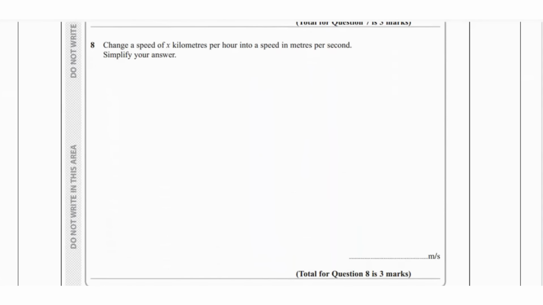Then I'm not sure if metric conversions came, but let's do a question for this. We have to change the speed of x kilometers per hour into speed in meters per second. So 1 kilometer is equal to 1,000 meters. 1 hour is 3,600 seconds. So we're going from kilometers to meters.